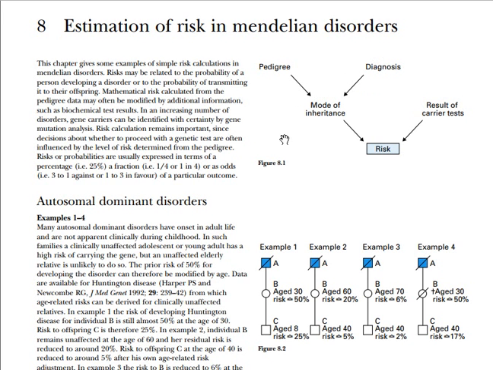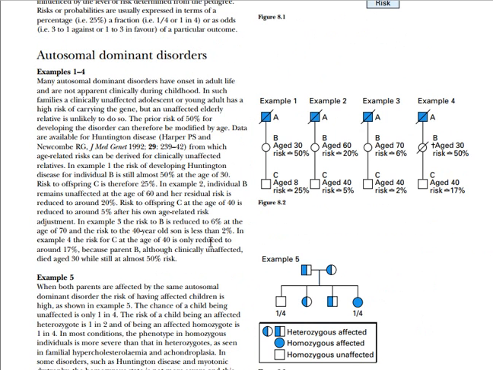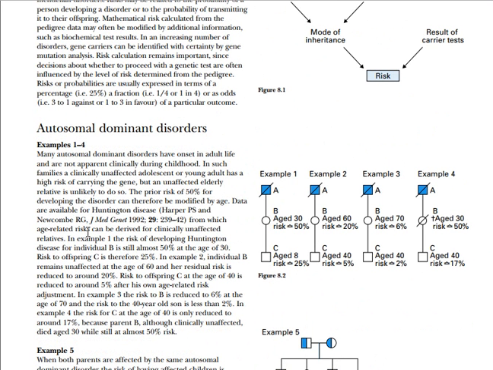Now, when you know the mode of inheritance, you can know the risk of transmitting it to the further generation. You can also know it from the result of the carrier test, because there are certain tests that can help you to know if there is a pathogenic allele inside your gene. Is it clear?